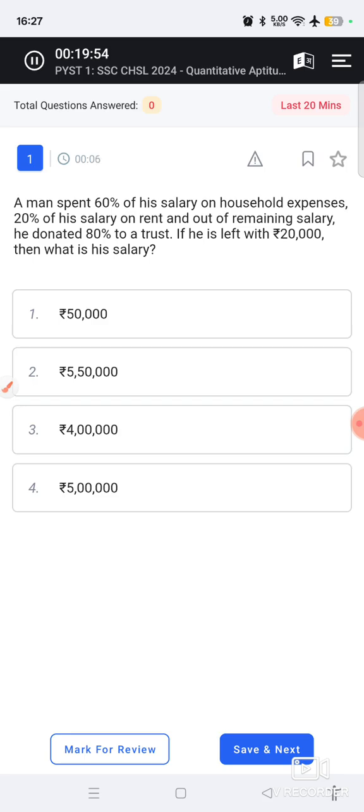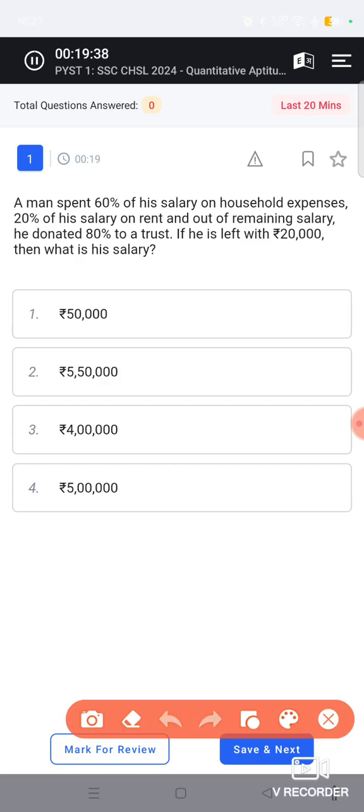A man spends 60% of his salary on household expenses, 20% of his salary on rent, and out of the remaining salary, he donated 80% to a trust. Okay, then what do we have to do? We have to do 60% plus 20%.